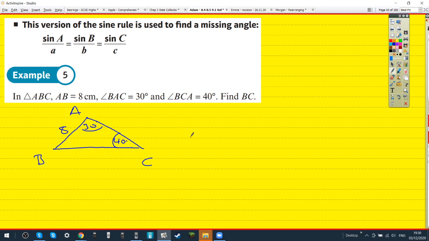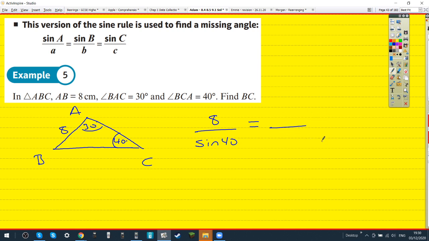B to C. So, let's see. You want to find B to C. So you did 8 over sine 40. What would that be equal to? That equals sine B over B. Well, you put the side on top, so it'd be like B over sine B. What is B?